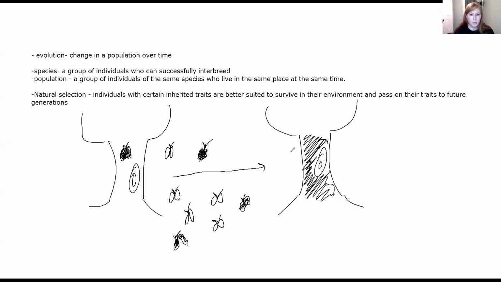So in a way, it was natural selection that caused the extinction. Those species were no longer suited to live in their environment, and they couldn't adapt fast enough to survive it, so they died out. Okay, that's natural selection, and natural selection drives evolution.